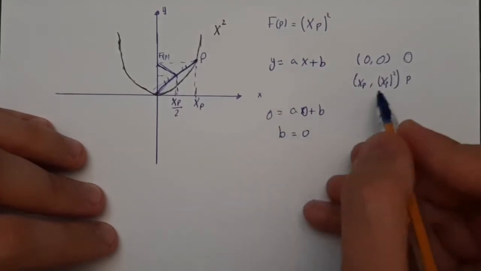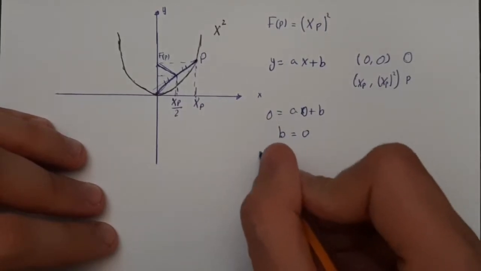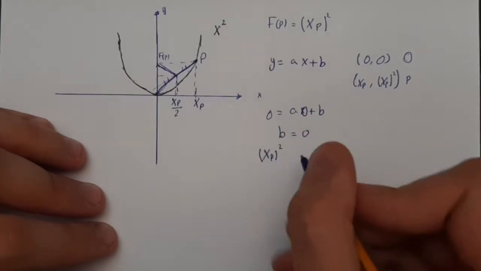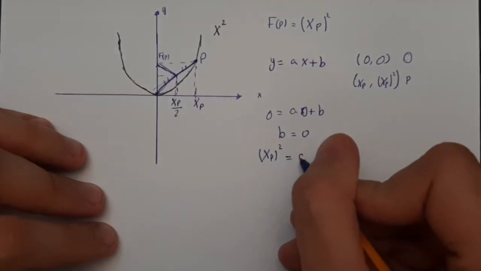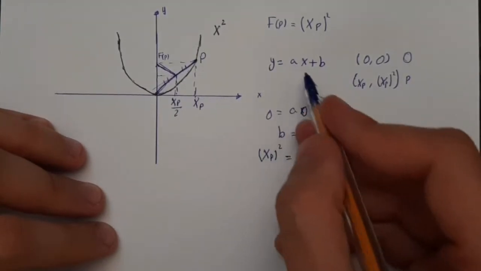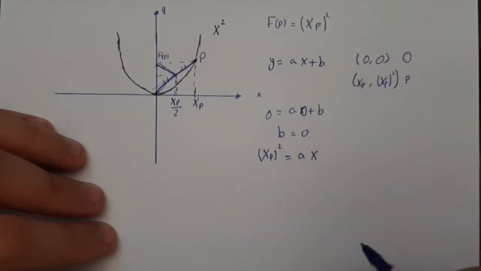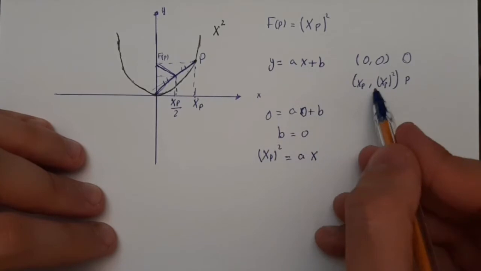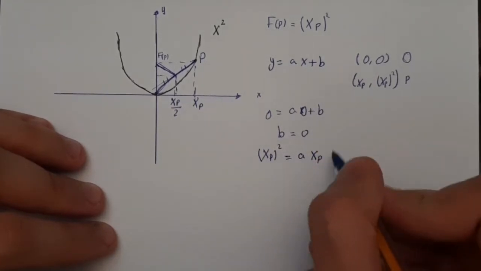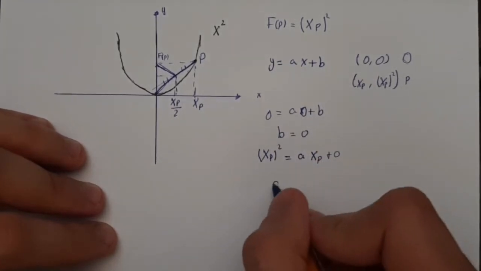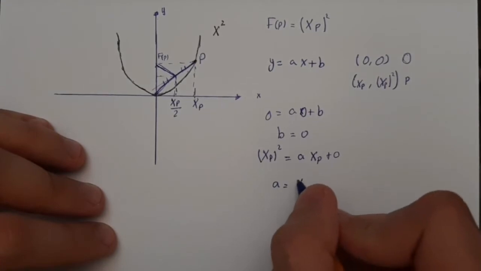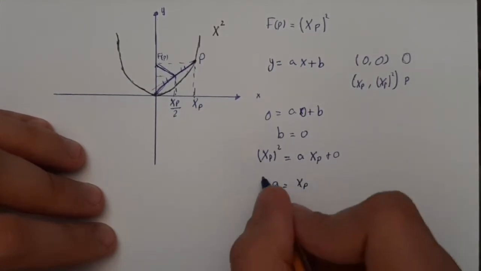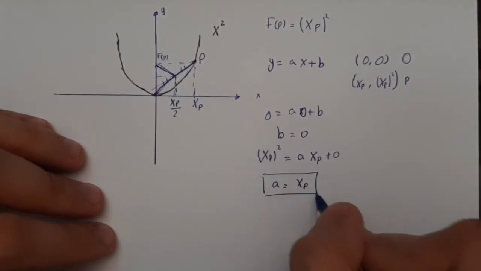So we'll have xp squared as our y is equal to what? Our a multiplied by our x. Okay, but remember our x is what? Is xp, right? Plus 0 because b is 0. So our a is equal to xp only, right?